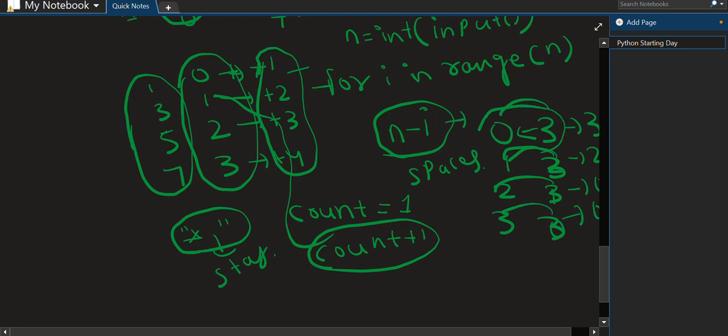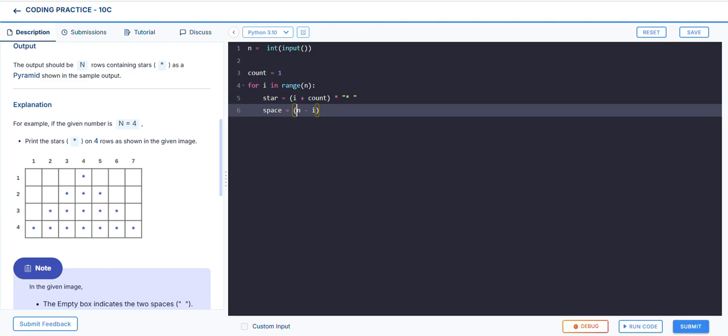Every time we take subtraction for n minus I times, then we will get space logic. We have to multiply with the space.